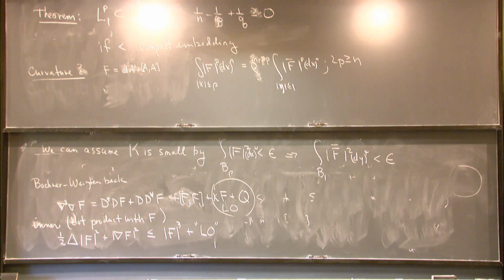So the inequality for the regular derivative will imply Kato's inequality for the general case. It's the same proof, because I can assume A is 0 at a point.